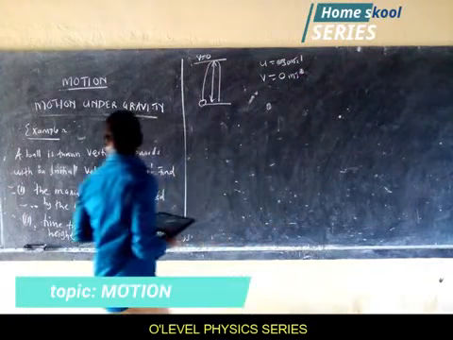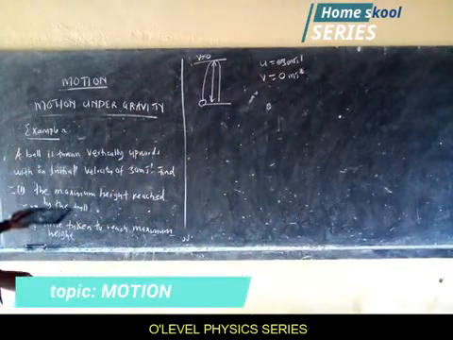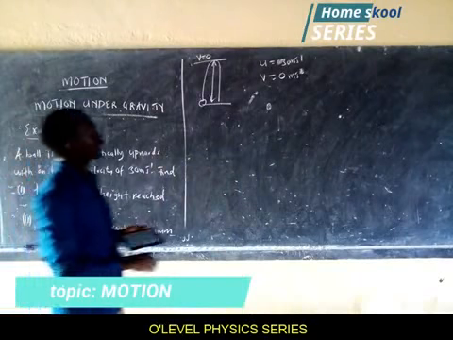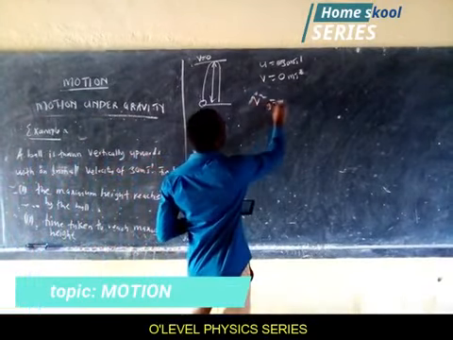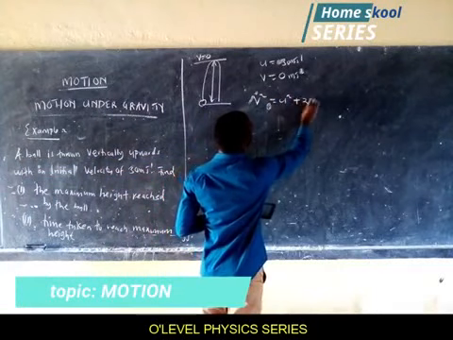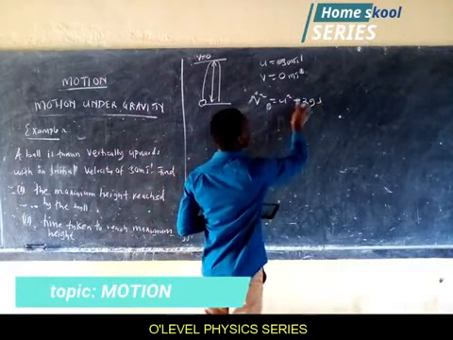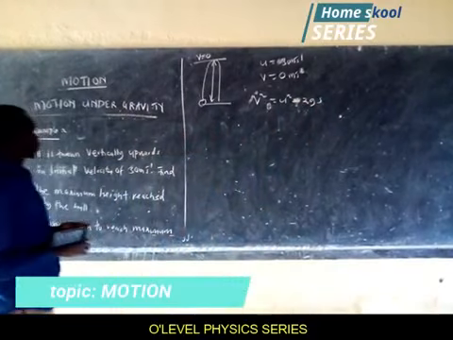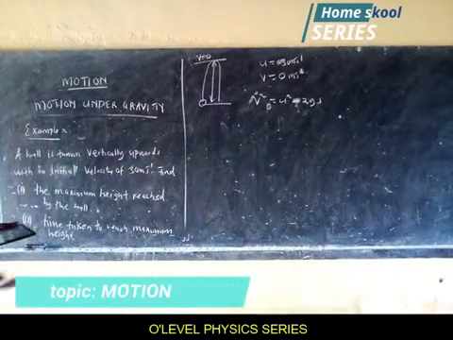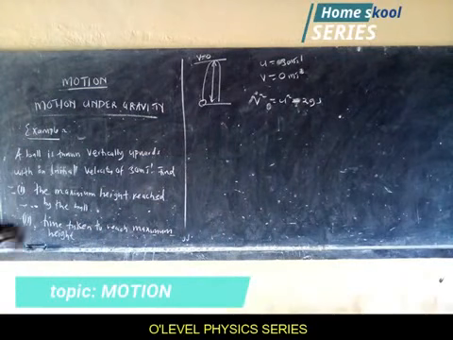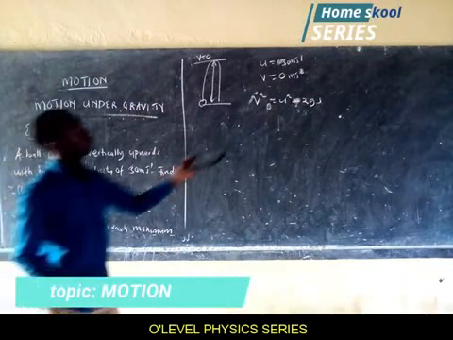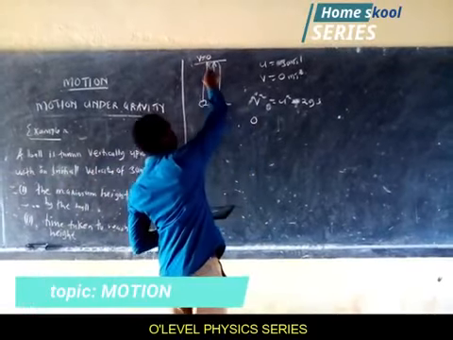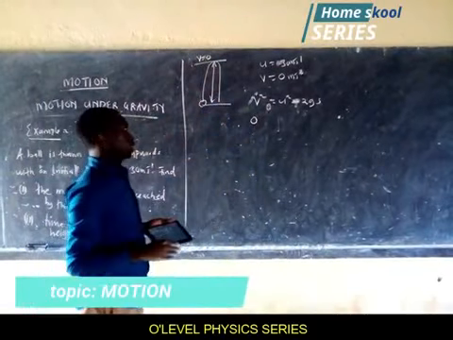They said find the maximum height reached by the ball. In this case, using the expression V squared equals U squared plus 2GS, this G is negative. Why negative? The ball is thrown vertically upwards, and upwards G is negative. The V is 0, because at maximum height V becomes 0.